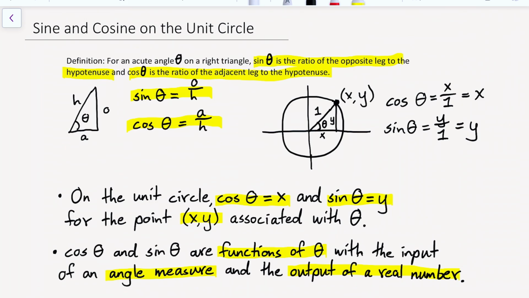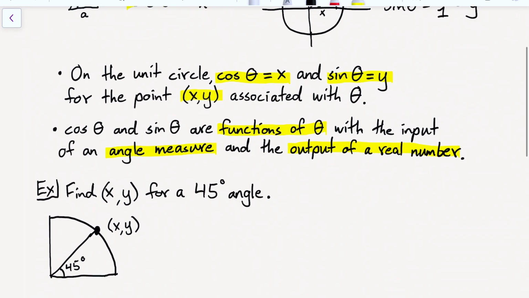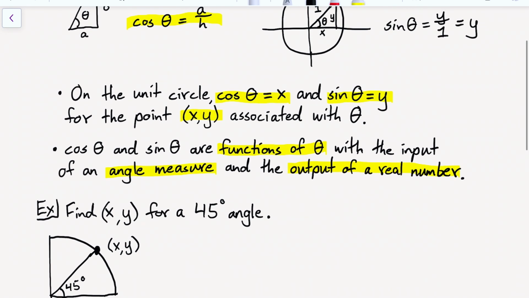So I want to see how we could find some of these terminal points, these x and y values for different angles. I'd like to discuss first finding the x and y value for a 45-degree angle. Let's use a little bit of geometry here. So we want to know what is this x value and what is this y value. We're looking at a 45-degree angle, and if I drop a leg down, I've made a right triangle here on the unit circle.